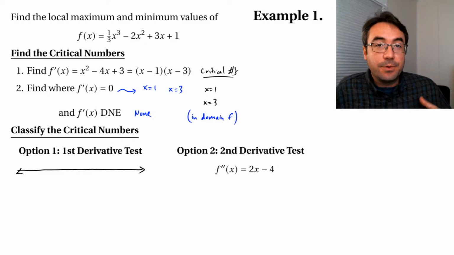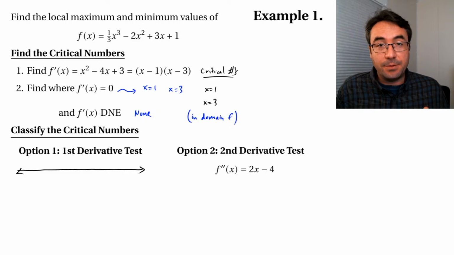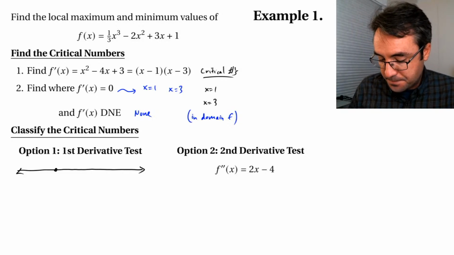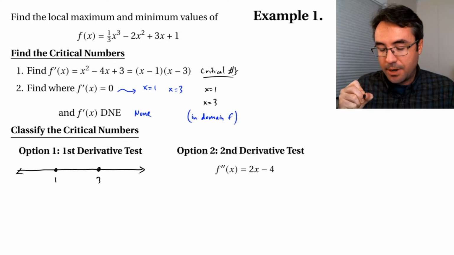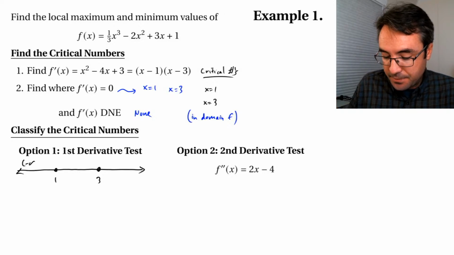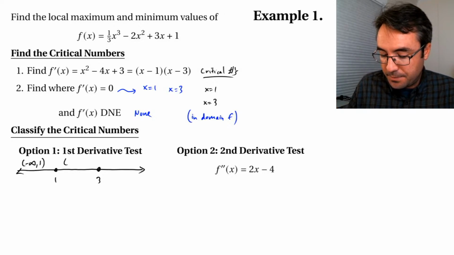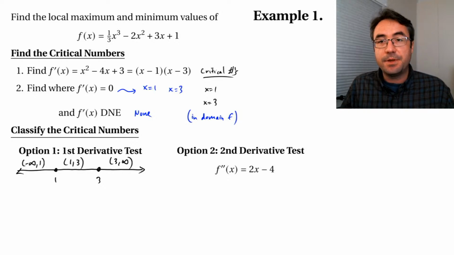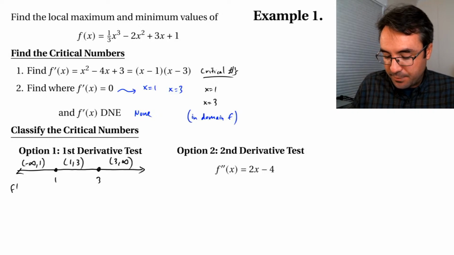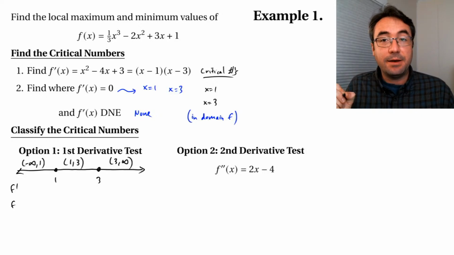So let's say we were doing the intervals of increase-decrease, and we did that for this example. What did we find? Well, we plotted our number line, and then we were looking at 1 and 3. That gave us the intervals negative infinity to 1, the interval from 1 to 3, and then the interval from 3 to infinity. And then we did our sign chart for f prime and saw what that told us about f.